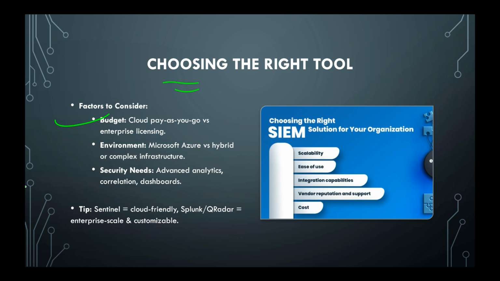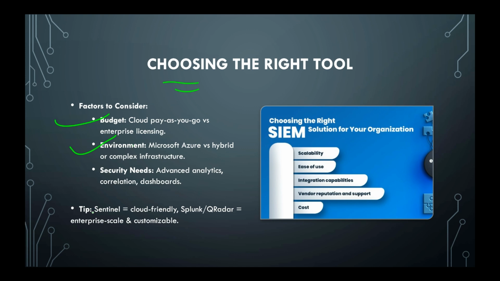Then environment-wise, if your organization is deeply embedded in Microsoft Azure and other Microsoft tools, Sentinel offers a seamless experience. And for businesses with hybrid environments or those requiring complex customizations, Splunk or QRadar might be the better fit.